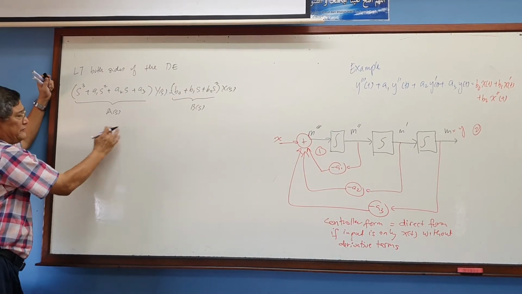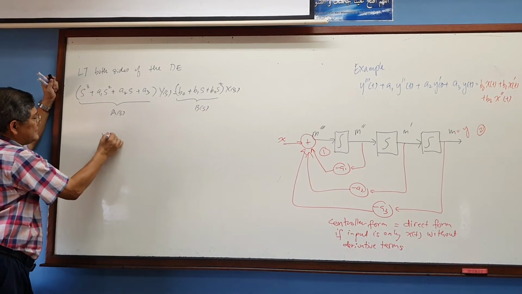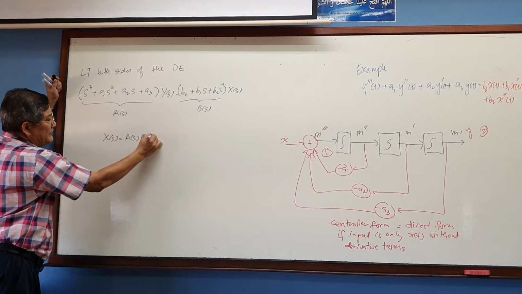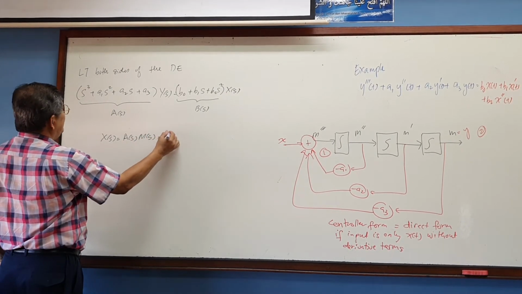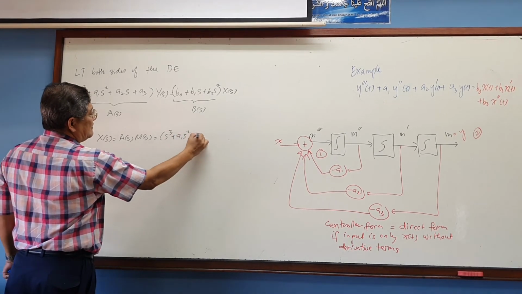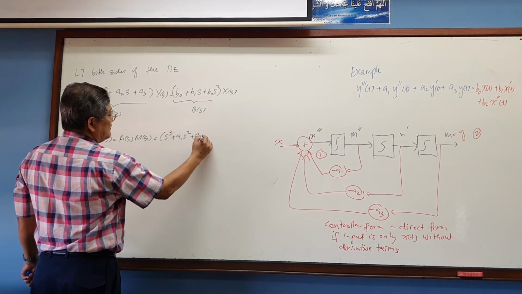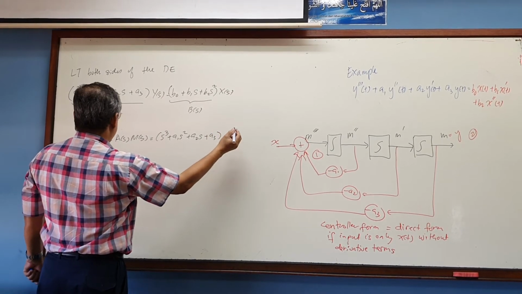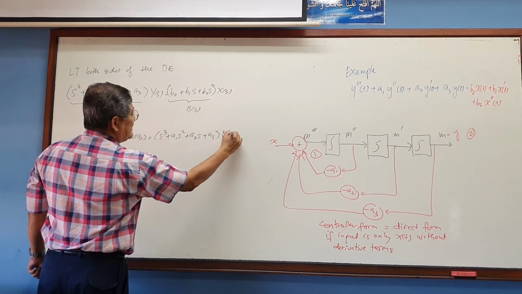Then you observe the formula that was given: X(s) is equal to A(s) M(s). So you have s cubed plus a1 s squared plus a2 s plus a3 multiplied by M(s).